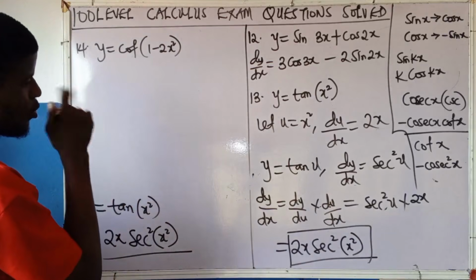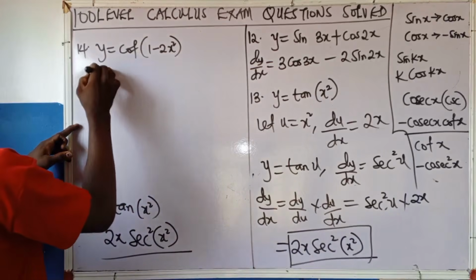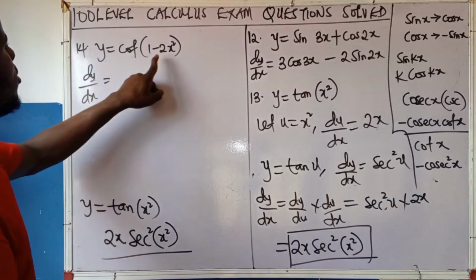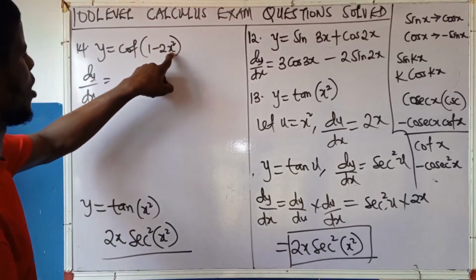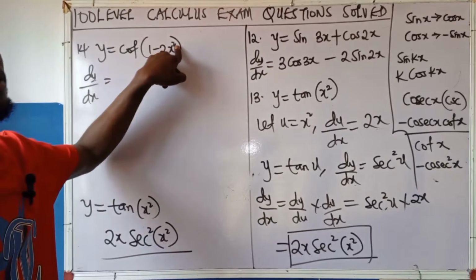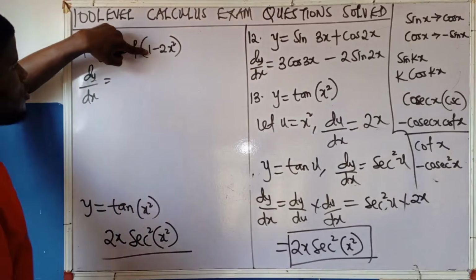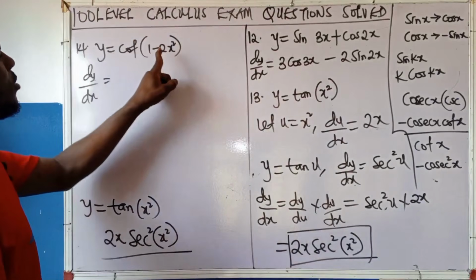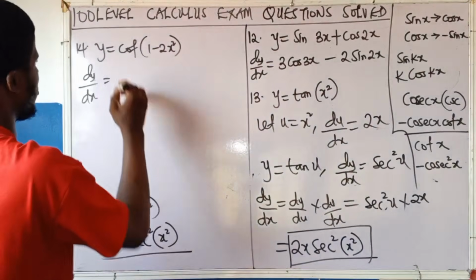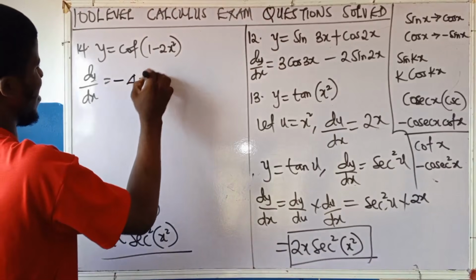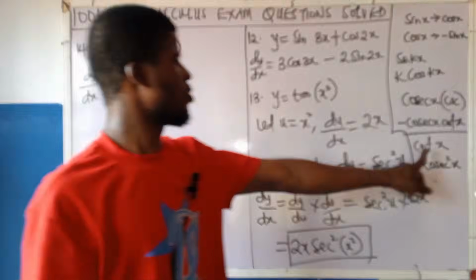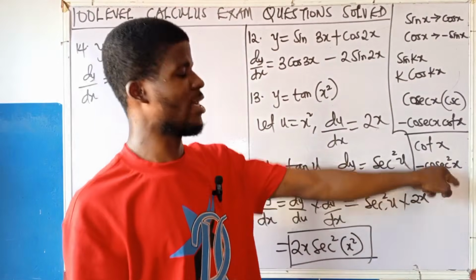So if I want to solve this problem using the chain rule, question 14 now, I should be saying dy/dx is this. Let me apply the shortcut. The inner function is 1 minus 2x squared. Differentiate it: differentiate 1 to get 0, of course I'm differentiating with respect to x, and differentiate minus 2x squared to get minus 4x. You know that. Differentiate cot. If you differentiate cot, you're going to get minus cosec squared.